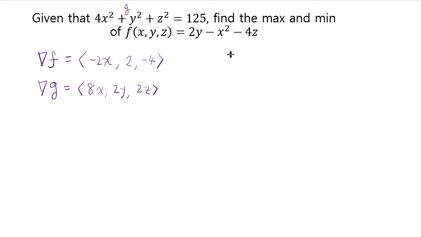Now, Lagrange multiplier says you have to introduce this lambda multiplied to the constraint. And if you look at what this equation is, you get this on the left side, and you get lambda times 8x, 2y, 2z.